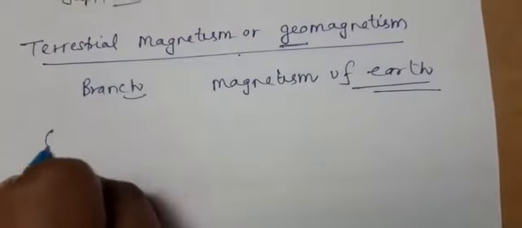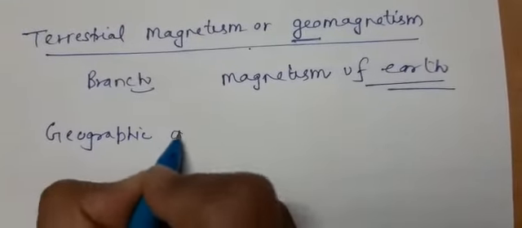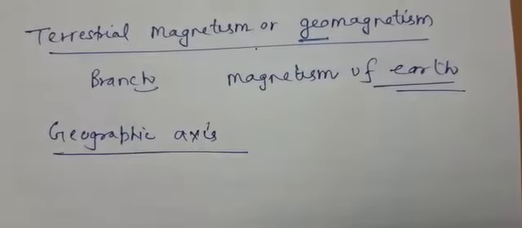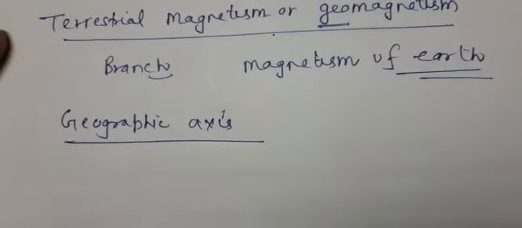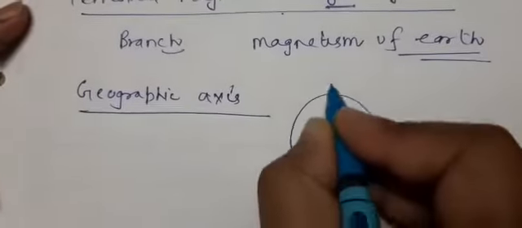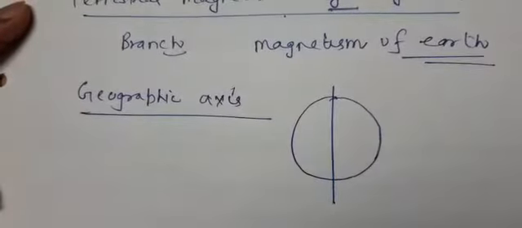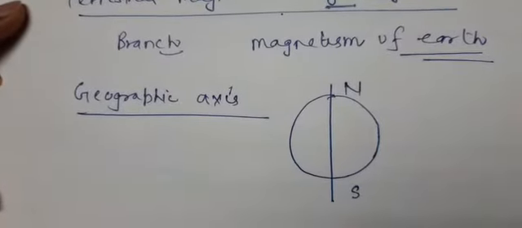Now let me introduce small terms. Geographic axis: it means a straight line passing through the north and south pole of the Earth. If this is the Earth, this will be taken as the geographical axis passing through the north and south pole of the Earth.